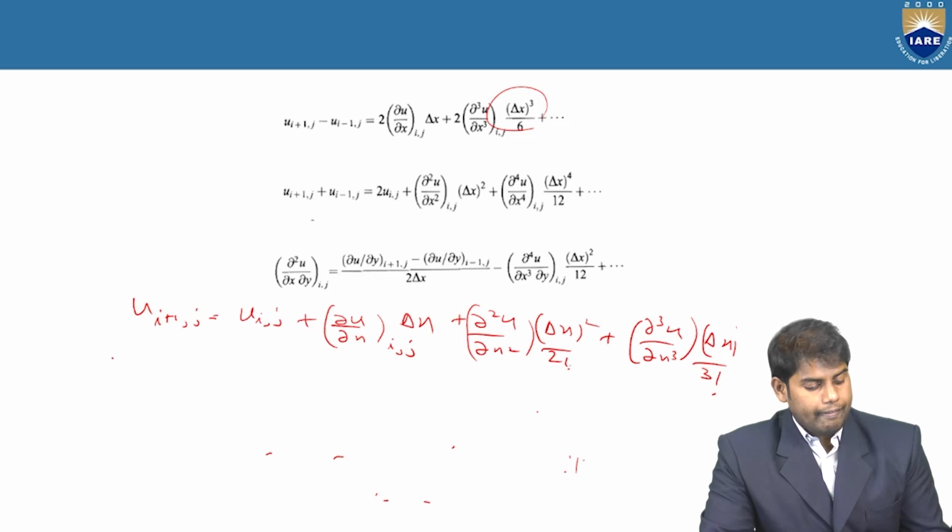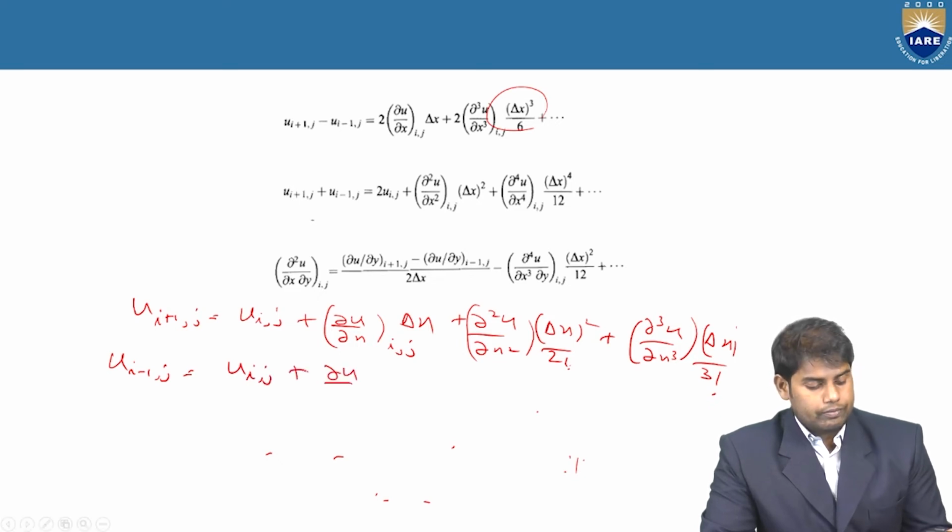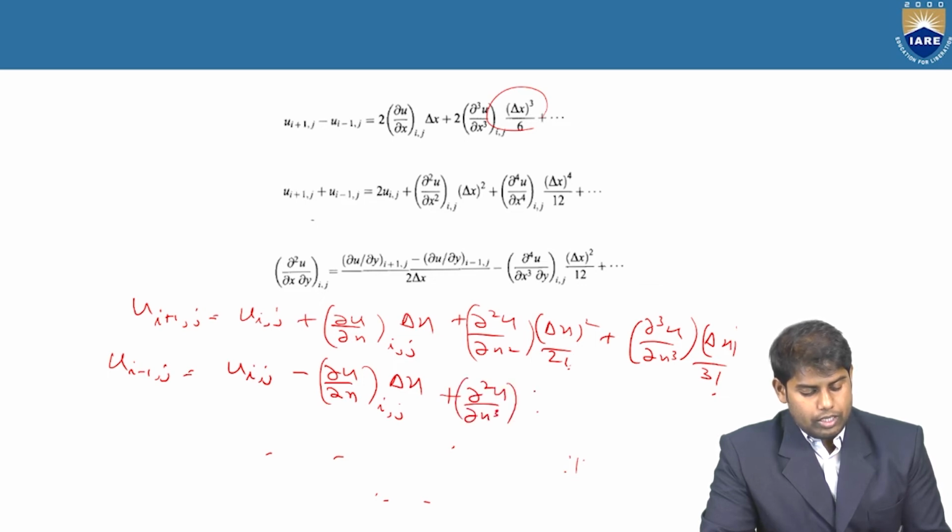Similarly, u of I minus 1 comma j will be equal to u of I comma j minus dou u by dou x into delta x at I comma j, plus dou square u by dou x square into delta x square divided by 2 factorial, minus dou cube u by dou x cube into delta x cube divided by 3 factorial.